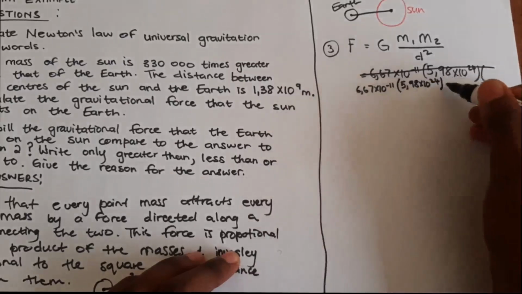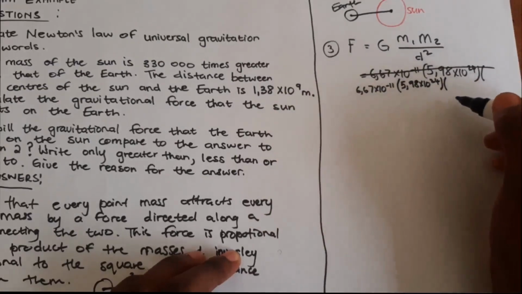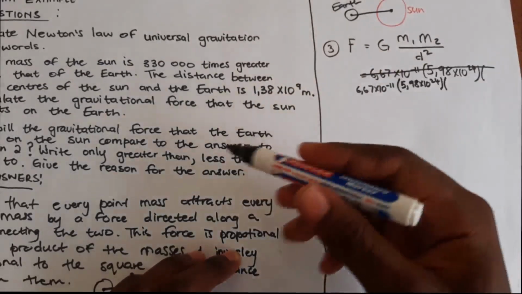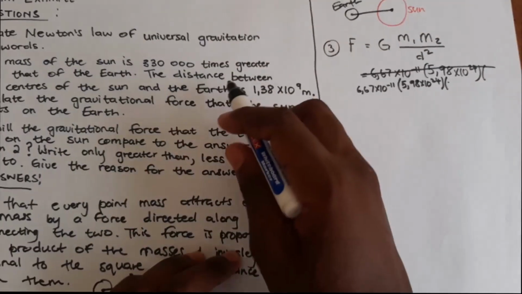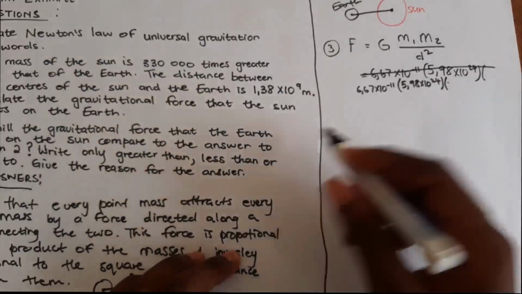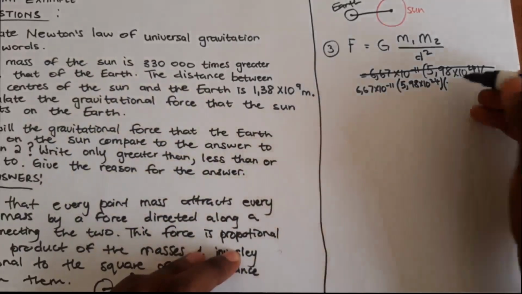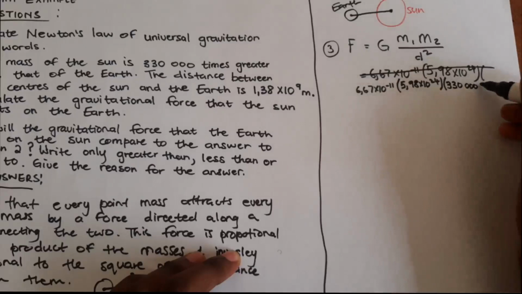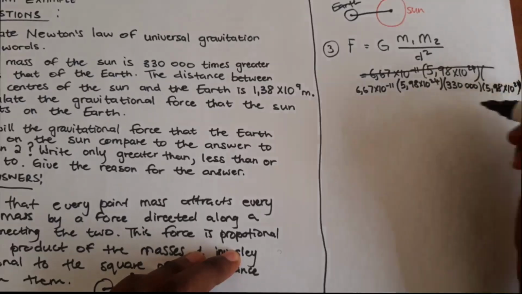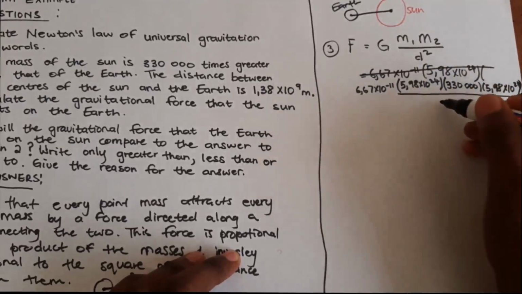So the mass of the sun is 330,000 times greater than that of the earth. So we're going to multiply 330,000 by 5.98 multiply by 10 to the power of 24, over d squared.